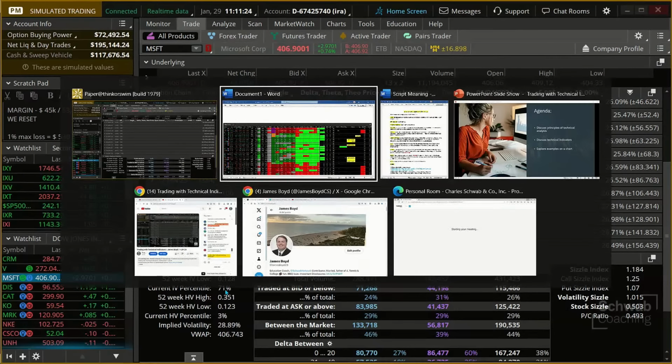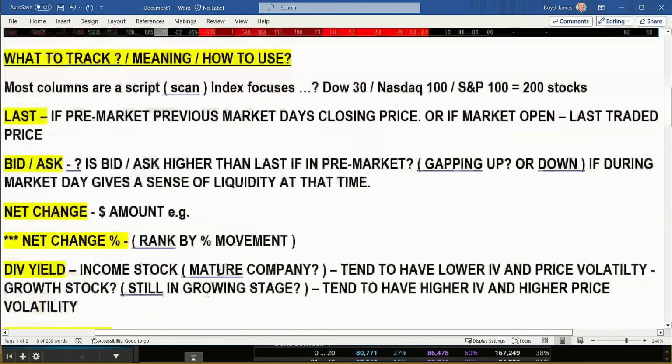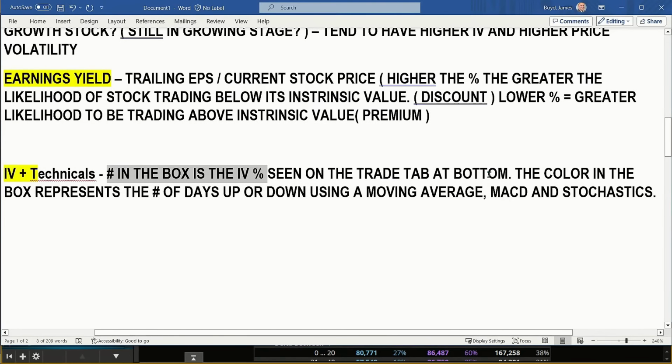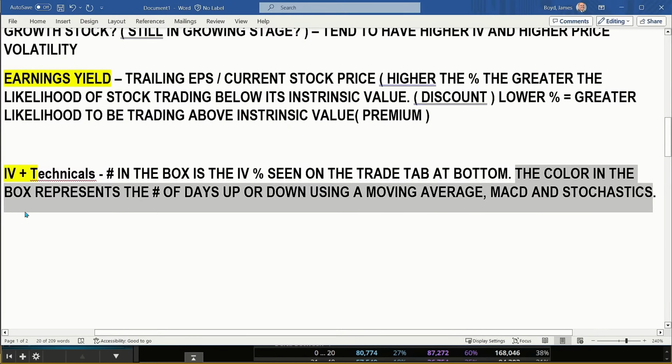Now, what you're going to notice right here as we scroll back down, what do the colors in the box represent? Well, the technical part of this is looking at the moving average, MACD, and stochastics. That's what that's looking at.